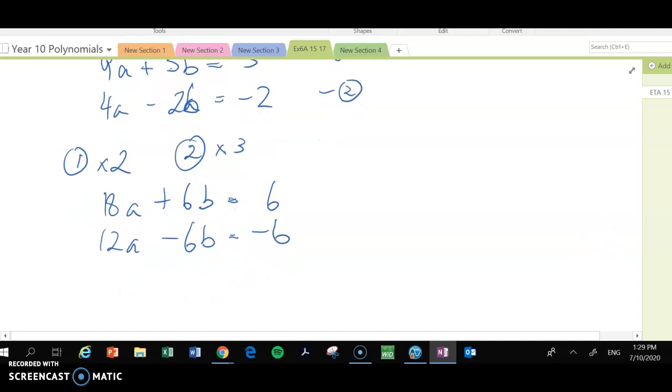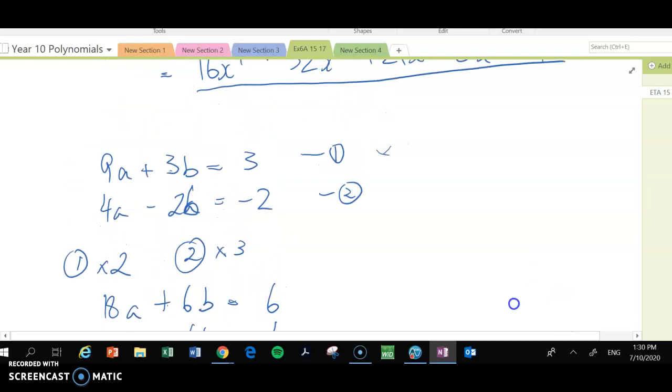Here is where we can now simply add. We want to eliminate the b's, so by adding them, they'll eliminate. So we have adding, that's 30a, eliminated the b, equals adding 0, so a is equal to 0.